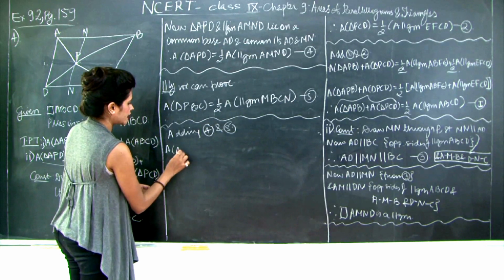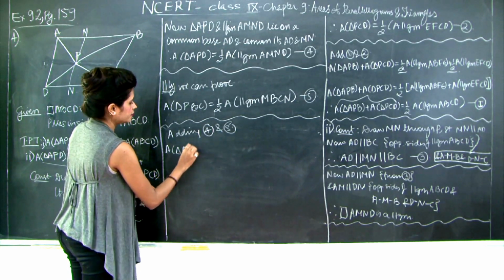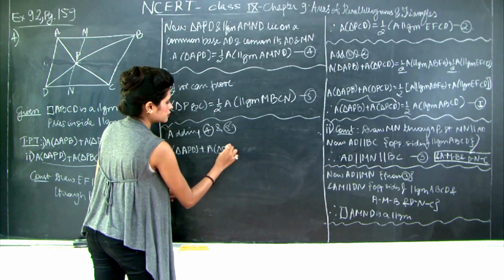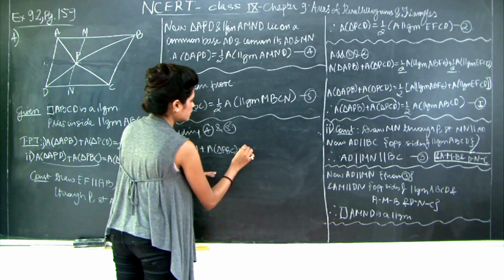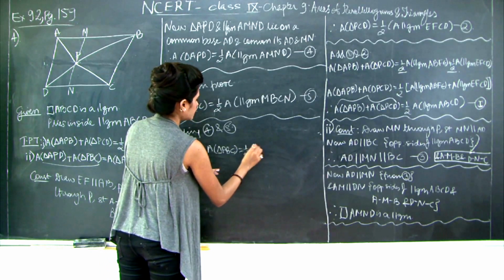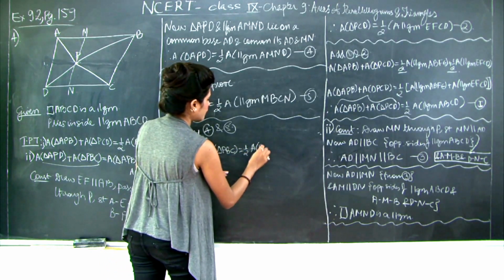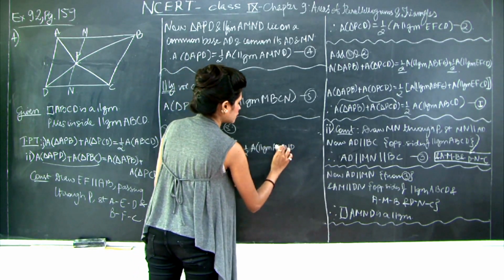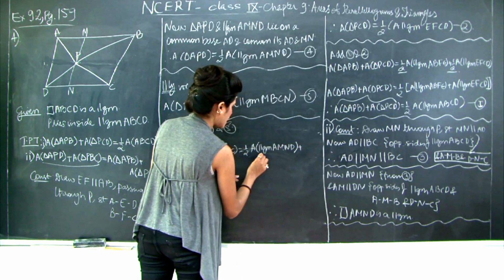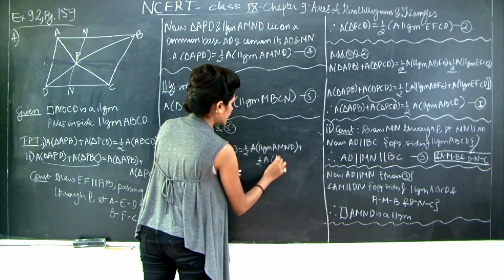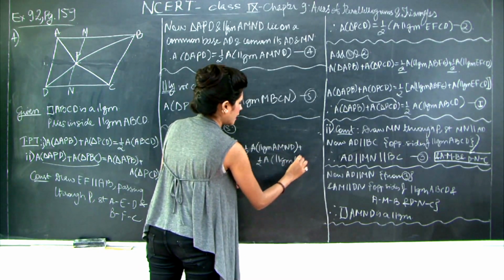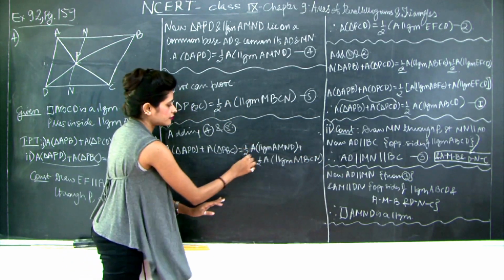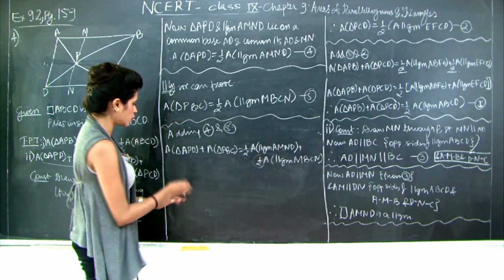Area of triangle APD plus area of triangle PBC is equal to half area of parallelogram AMND plus half area of your parallelogram MBCN. Taking half common from my right hand side, what do I get?